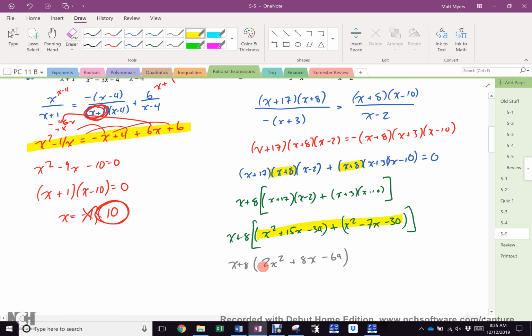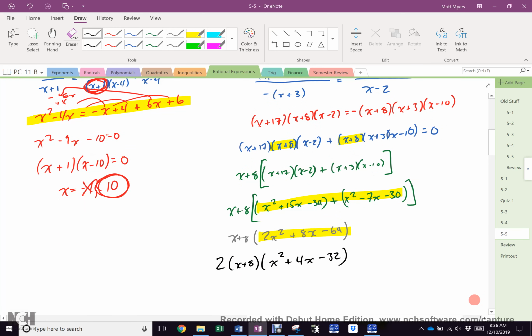What would you do with that? I'd bring out a 2, yeah? Okay, so 2, x plus 8, because we got two factors out front, x plus 4, x squared plus 4x minus 32, yeah? Okay, what would you do with that? That would be x plus 8, x minus 4, wouldn't it?